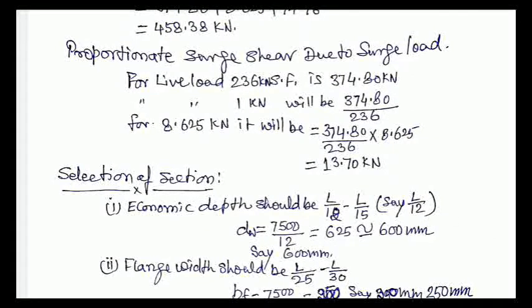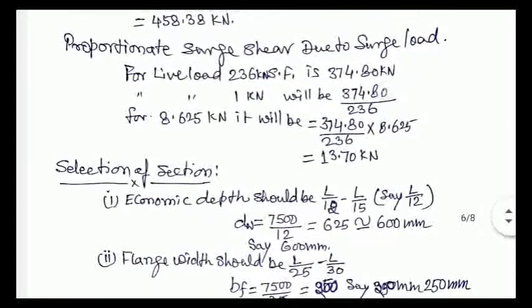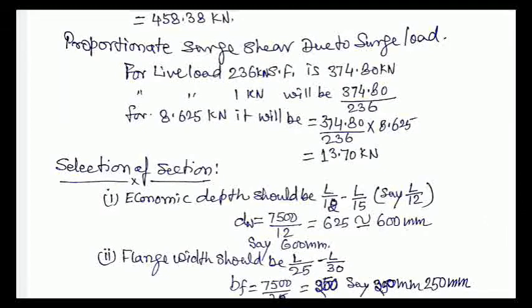So now the proportionate surge shear due to surge load, because there will be horizontal thrust, so we have to calculate the surge shear also. So for live load 236 kilonewton, shear force is 374.80. Again we are calculating on a proportion basis. So for 1 kilonewton it will be 374.80 divided by 236.